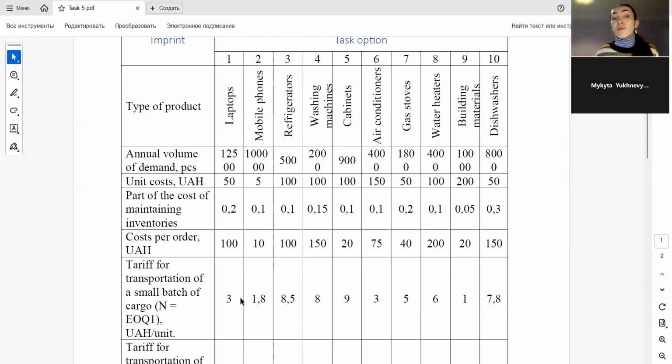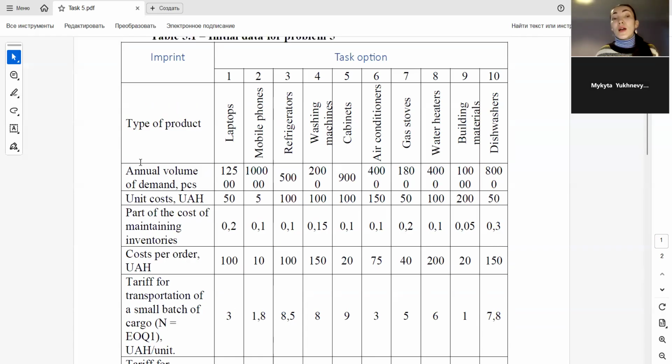So for the first variant, for example, it is the third line of our table, multiplied by the 1 minus seventh line of our table. For example, for the first variant, it will be 12,500 multiplied by 3 and find the sum.